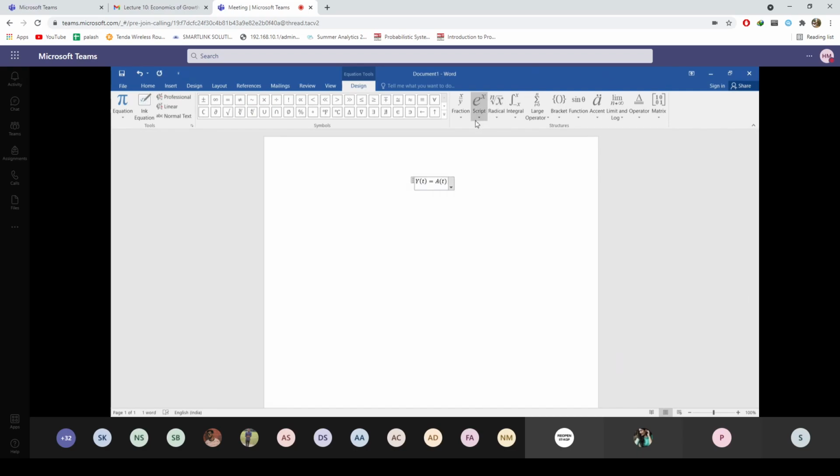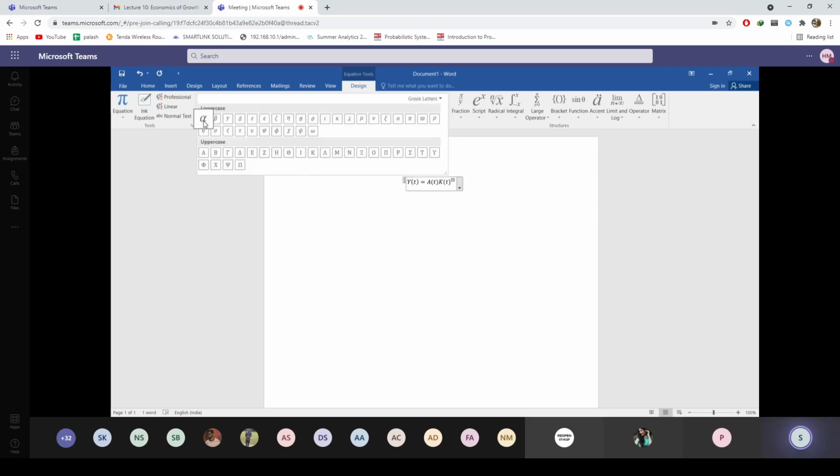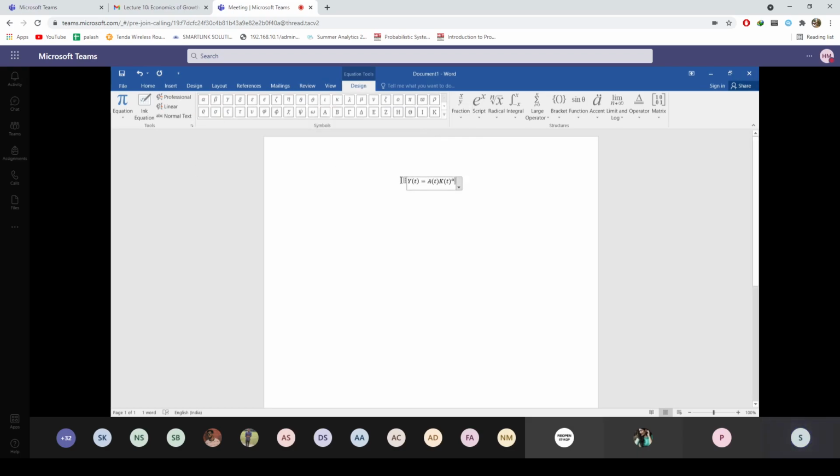Then capital K_t to the power alpha and capital N_t to the power 1 minus alpha.